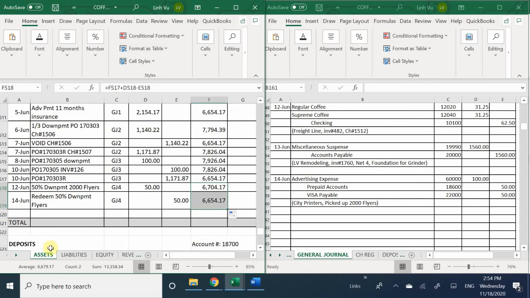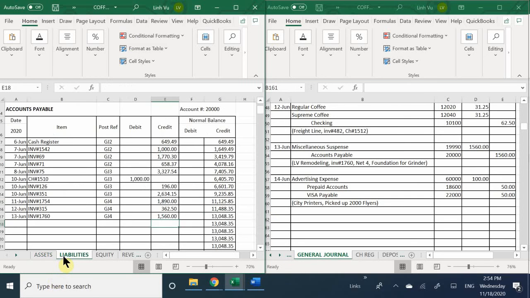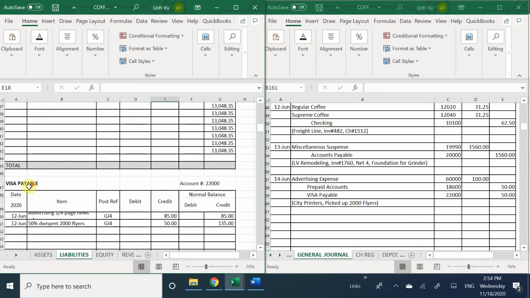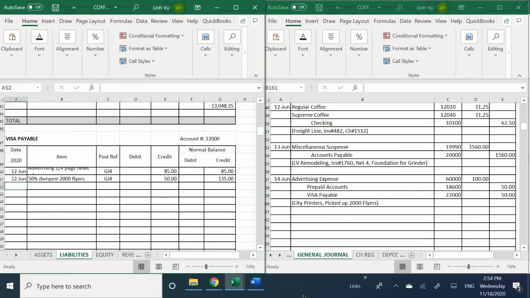Okay. And then lastly, I gotta go to my liabilities because I paid the remaining amount on my credit card. So here you go, 614. Okay, I'm gonna go ahead, 50% remaining on flyers.